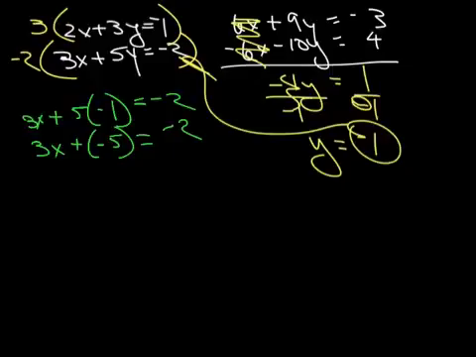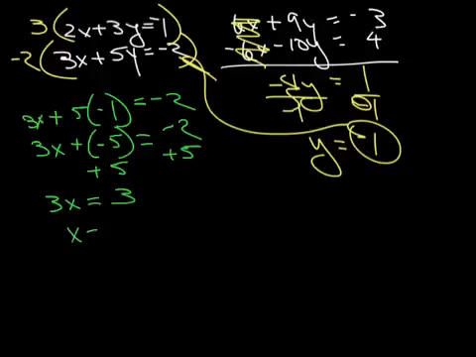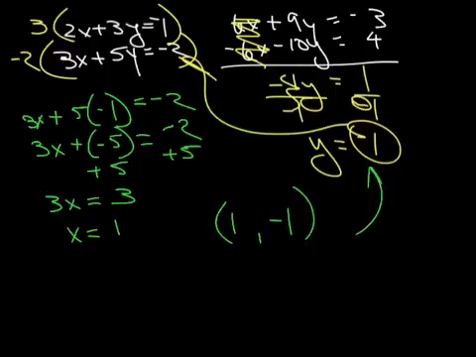Negative 2. I'm going to add 5 to both sides. 3x equals 3. x equals 1. So when x is 1, y is negative 1. And that's my answer for example number 4.